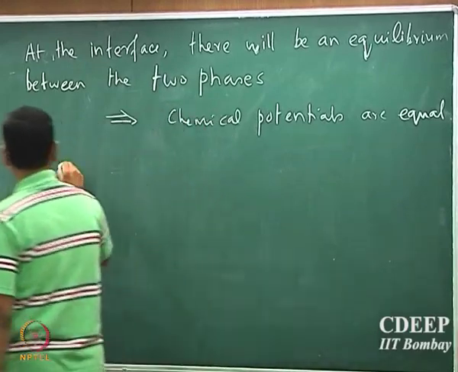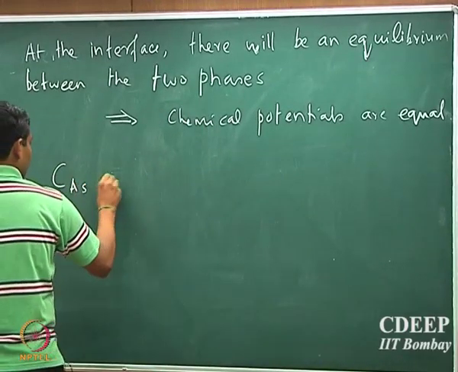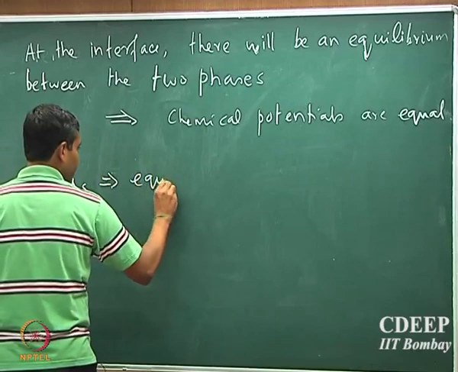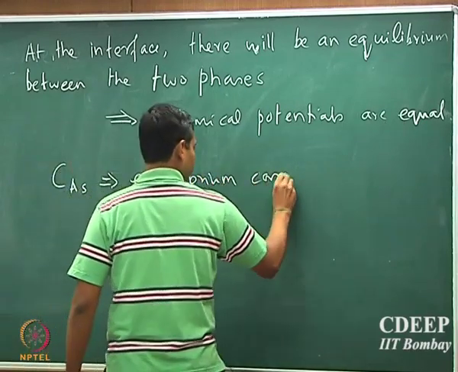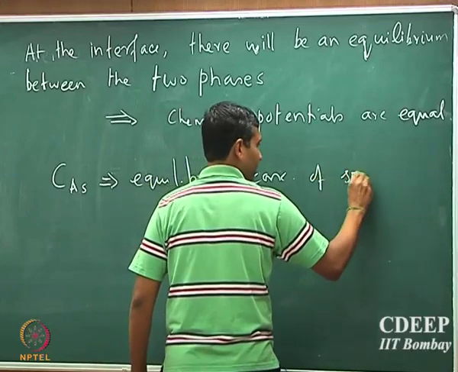So C_AS is the equilibrium concentration of species A.